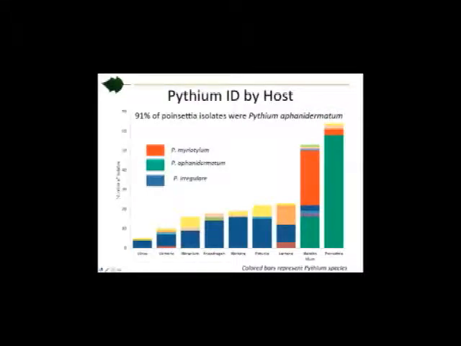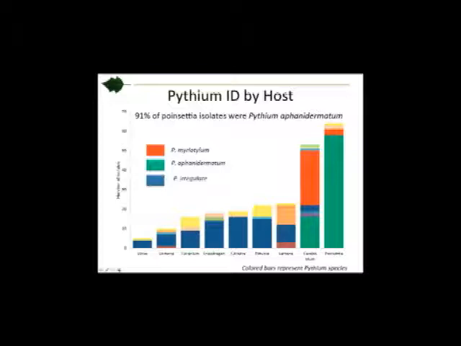So again, I want you to focus on the very right and look across the different crops that we sampled in North Carolina and look at the species diversity that we found. Since this is a poinsettia webinar, we're going to focus just on the poinsettia column. You can see that there were 4 species found, but predominantly we found Pythium aphanidermatum as well as a small number of Pythium myriotilum associated with poinsettia.